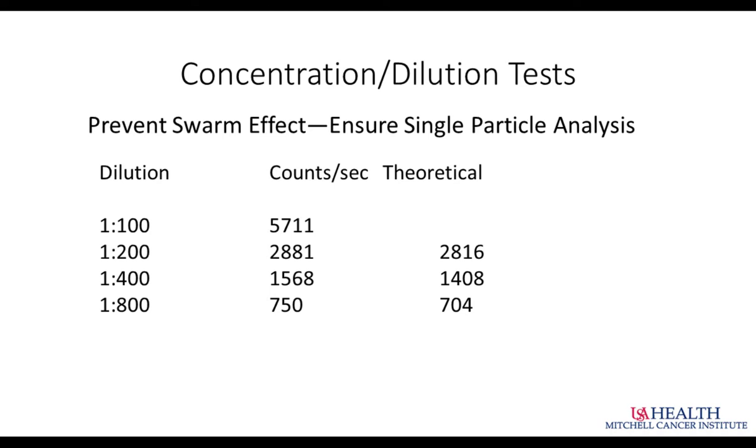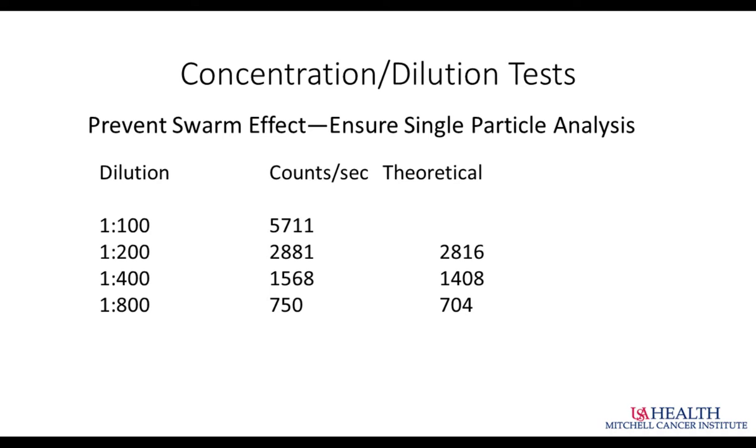To validate that we aren't seeing what we call a swarm effect, which would be multiple particles coming through the interrogation point of the laser at the same time, we do this simple dilution series. So we make a starting 1 to 100 dilution, run it, and see that we get 5711 counts per second. Successive 1 to 2 dilutions of that with ultrafiltered PBS, in theory, should cut that in half.